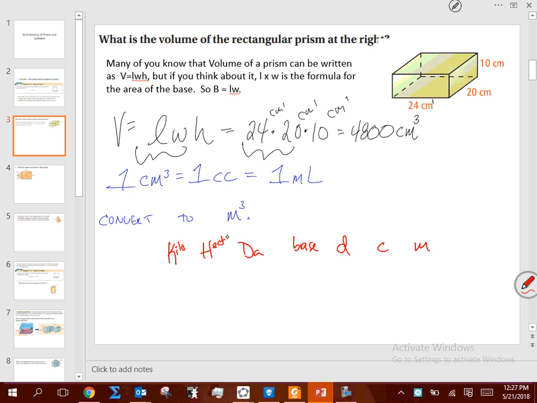Is it hecta? This is deca. This is your base. So this is meters, liters, and grams. This is deci, centi, and milli. And that list goes on that way.